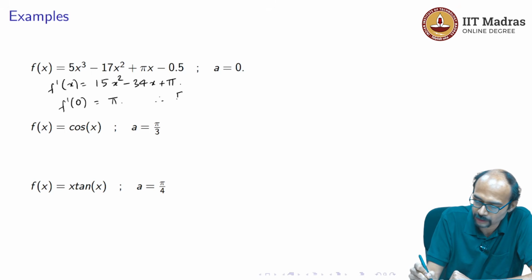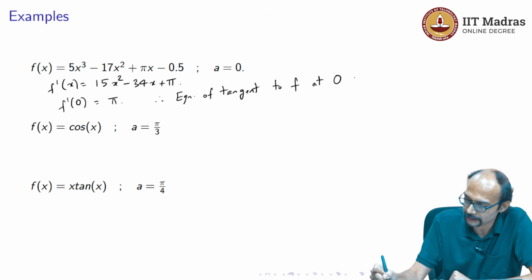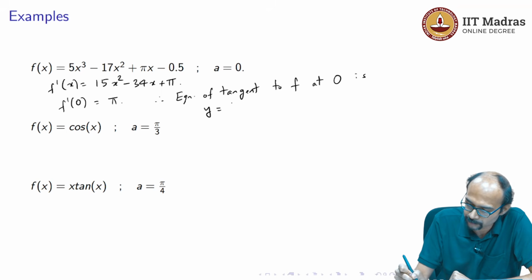So, therefore, the equation of the tangent at A, tangent to f at A, so A is 0, so at 0 is y is equal to f prime at 0, which is pi, times x minus 0 plus f of 0.